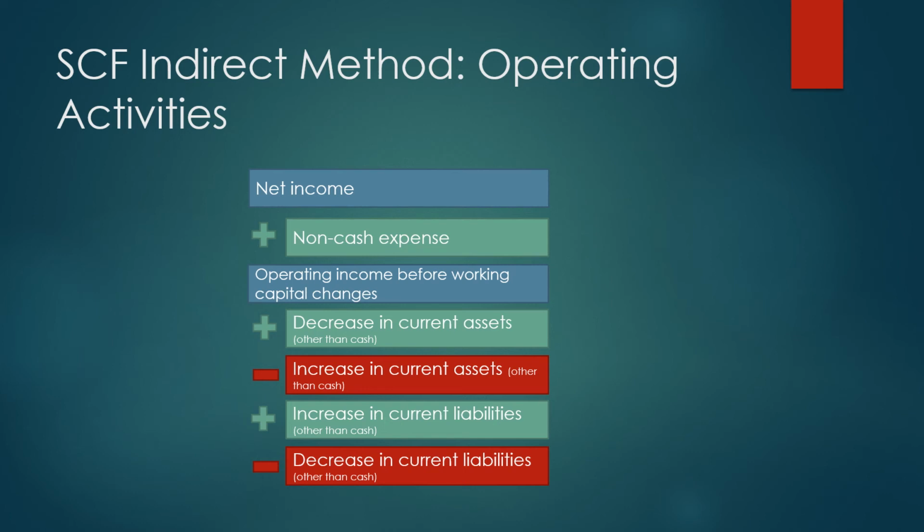So, when those increase, your debt increased, right? Your accounts payable increased, then you have to add it back. Whereas if your debt decreases, how does it decrease? If you pay it. If you pay your debt, it means you are releasing cash. That's why we deduct it. So, you'll arrive at your net cash flow from operating activities. So, for the indirect method, you just have to focus on this formula.